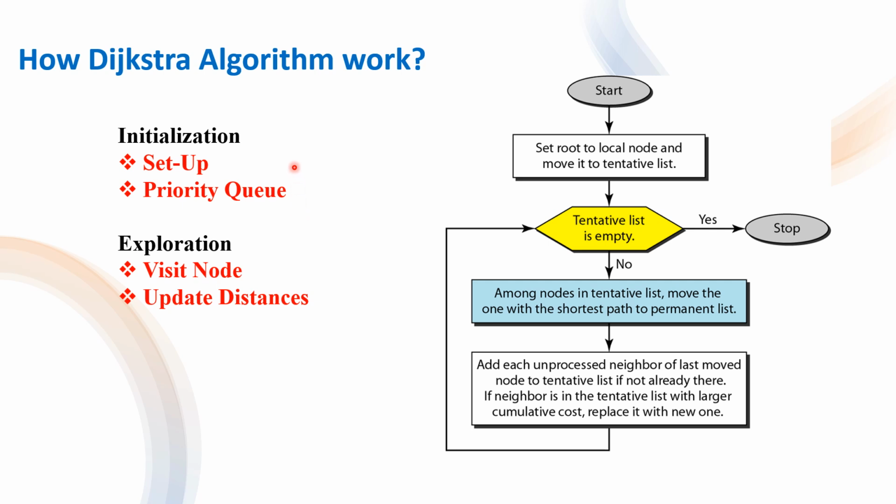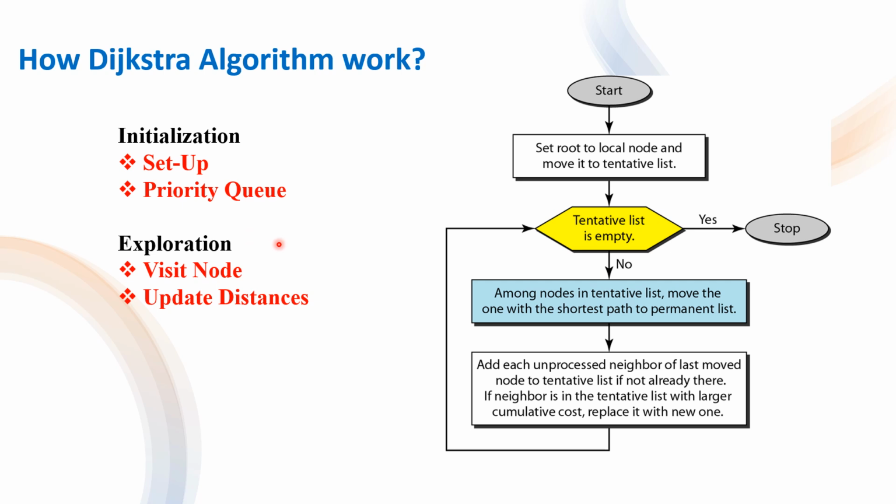Initially, set the distance to the source node as 0 and to all other nodes as infinity. Use a priority queue or min heap to store nodes based on their current shortest distance from the source node. Initially, insert the source node with a distance of 0.